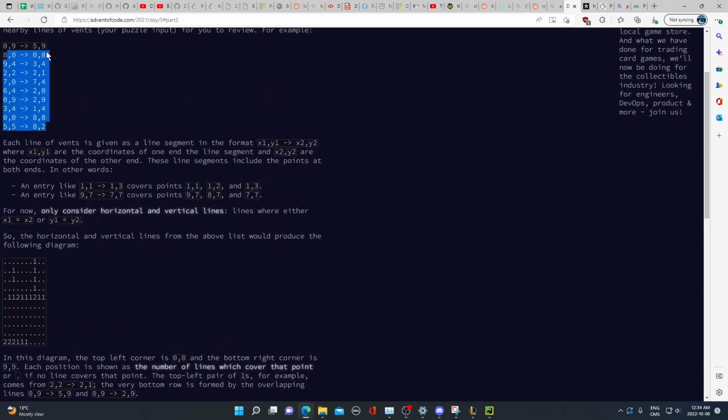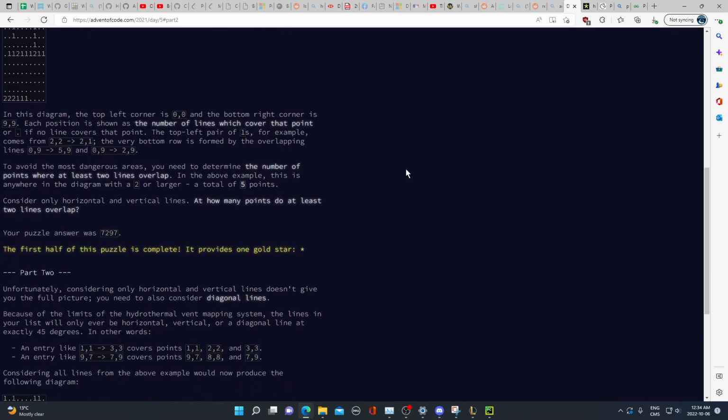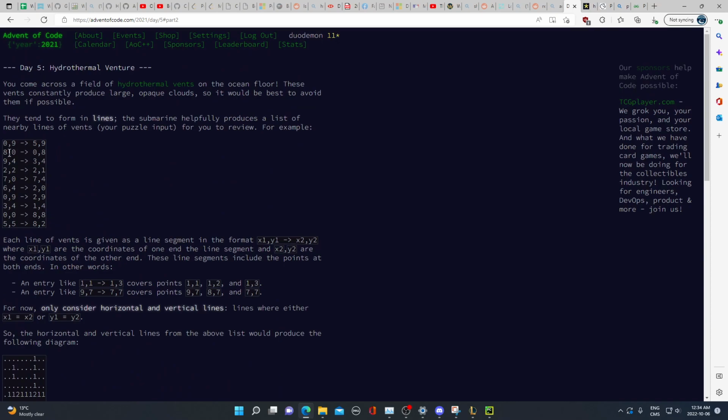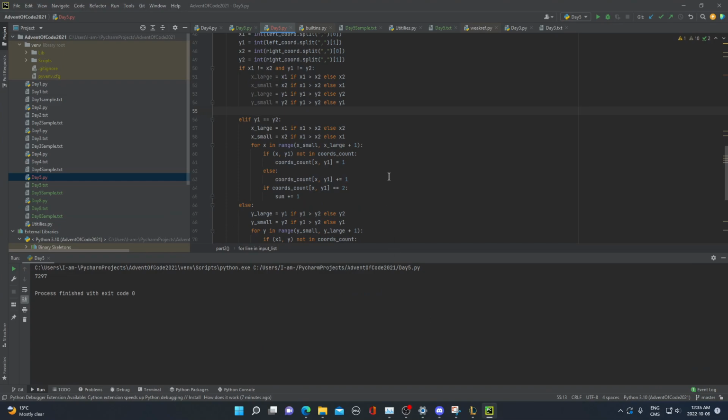So for example, 8,0 to 0,8. Eight goes down to 0, and then 0 goes up to 8. So you can't do it that way. We just have to step down or step up, step positive or step negative, and we just have to figure that out ourselves.